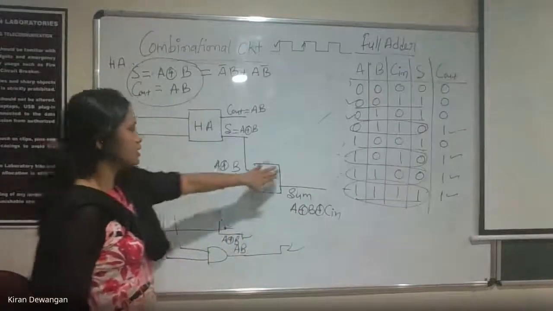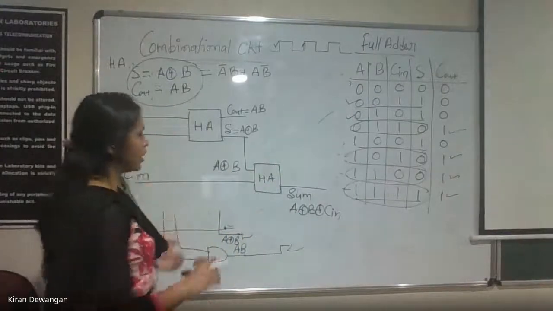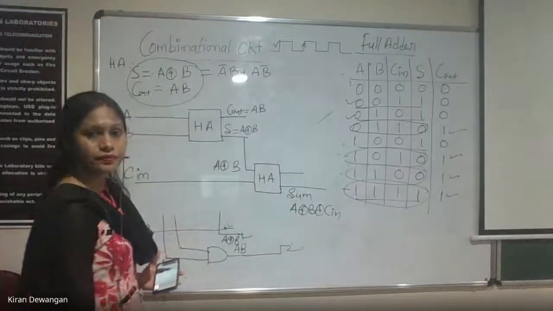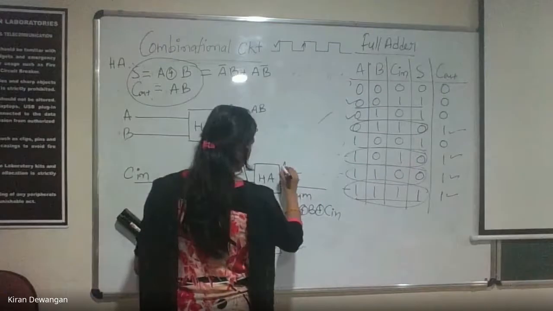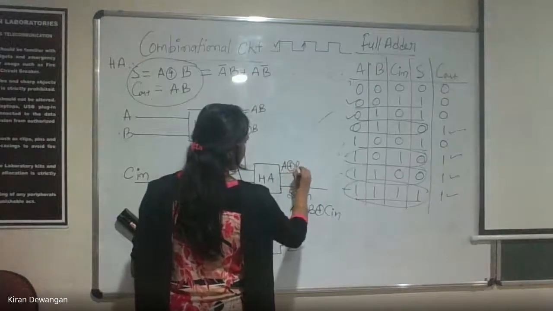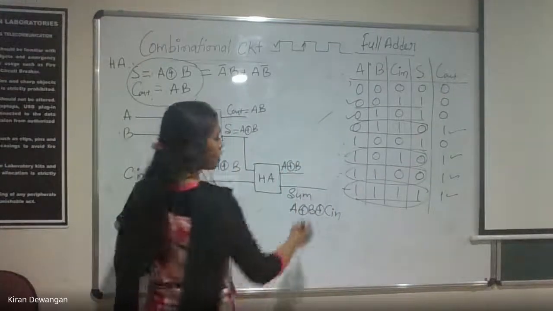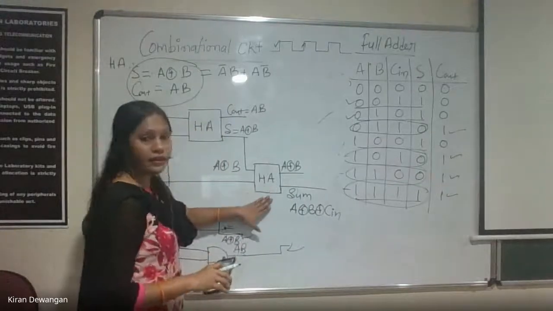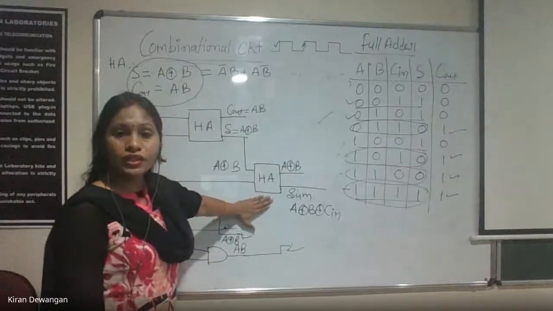Now what is my second output? ये क्या होगा? This is A XOR B. What would be my second output of this half adder? Half adder का दूसरा output क्या होता है?